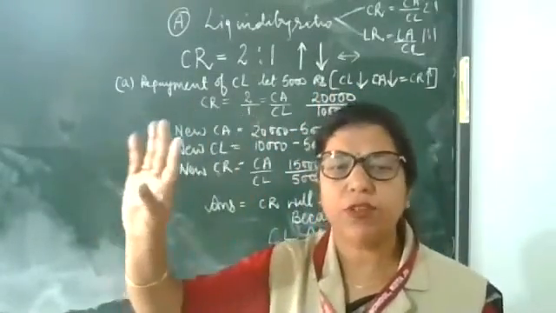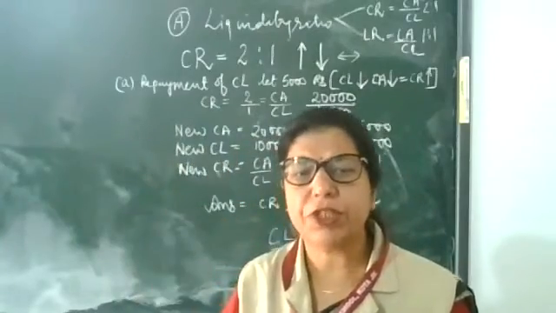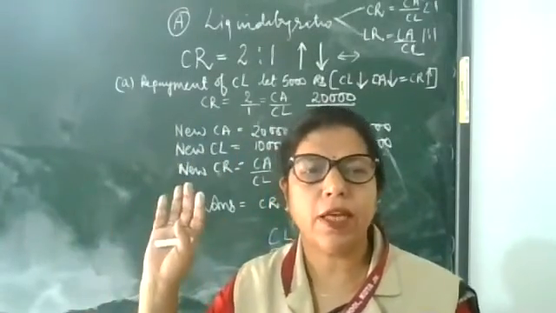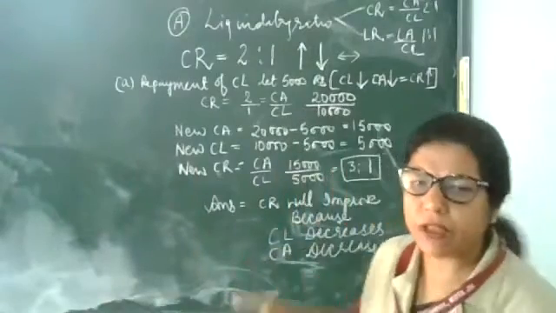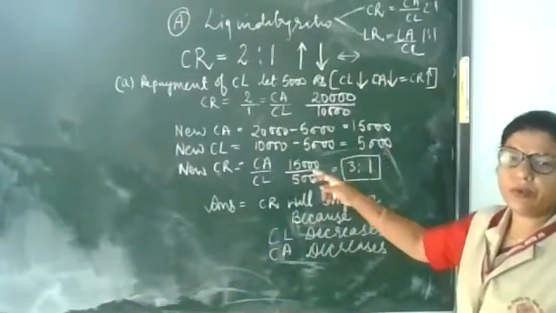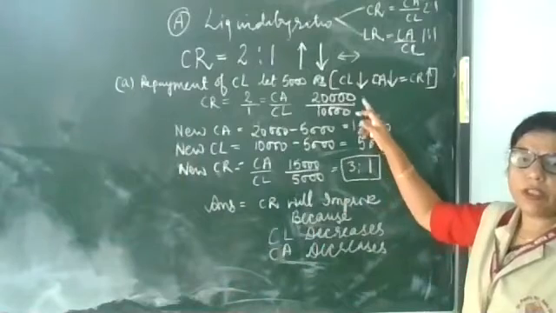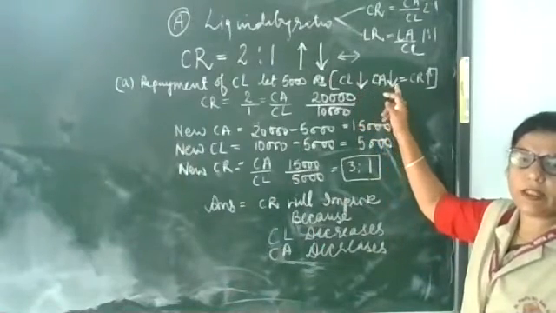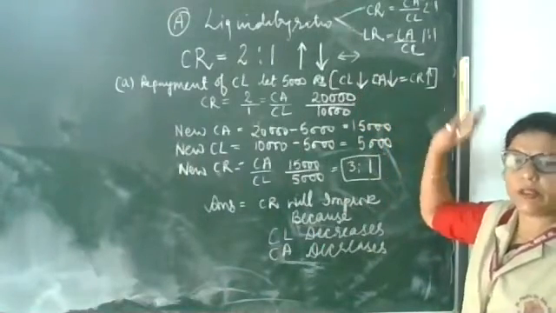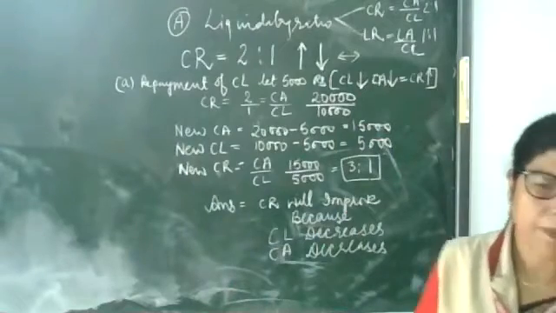Now see, because we are paying 5,000 rupees, that's why cash reduced. And we are paying the liability, that's why current liability also decreases. Now the new ratio. So it is easy: when CA decreases, current ratio increases. Note down please.